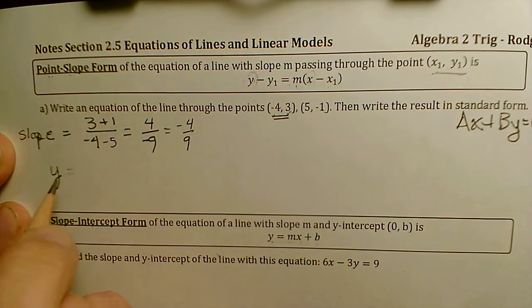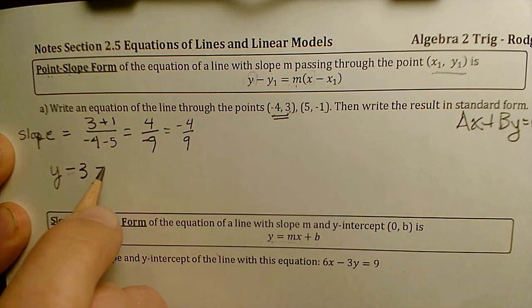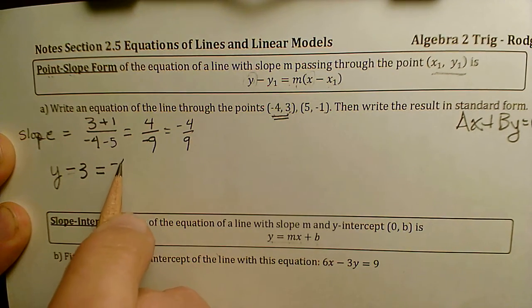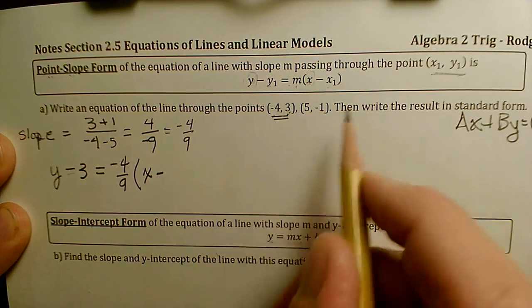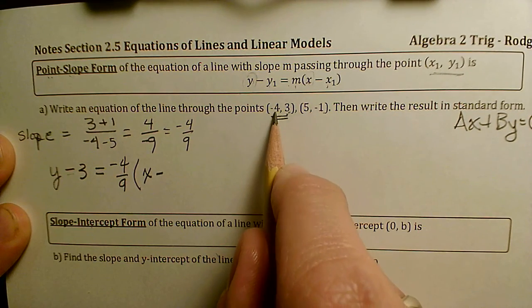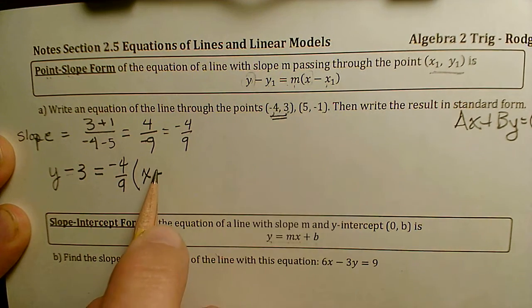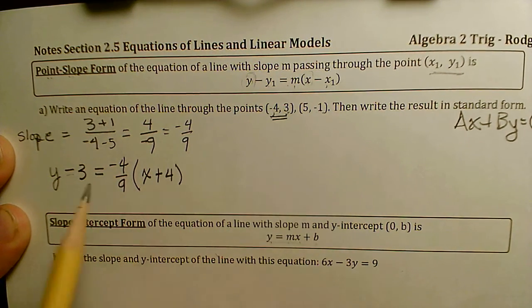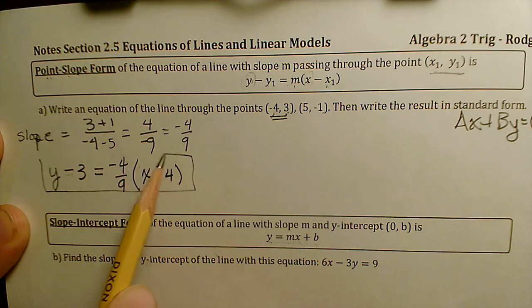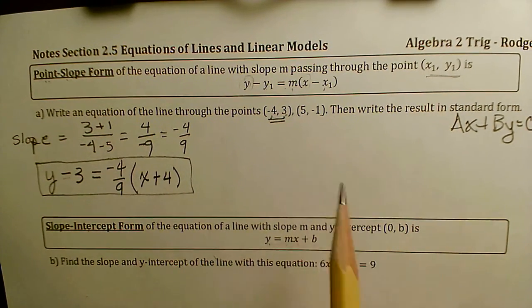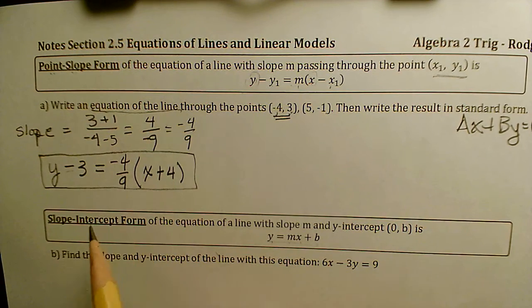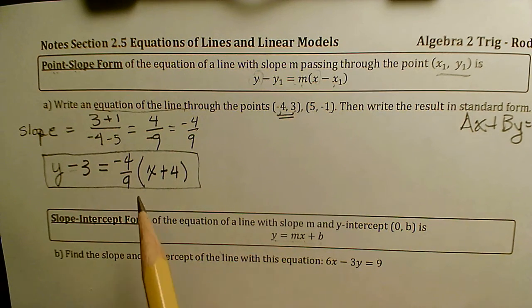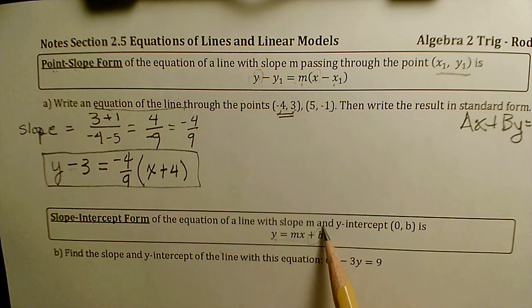So y minus 3 is equal to the slope, negative 4/9, times x, and that's minus the x coordinate. In this case, it'll be minus a negative 4 or plus 4. So, boom, you're done. That is a perfectly acceptable equation of the line. It says equation of a line, doesn't say which form. This one's perfectly acceptable. You don't have to go find specifically the y-intercept like we did the other day.